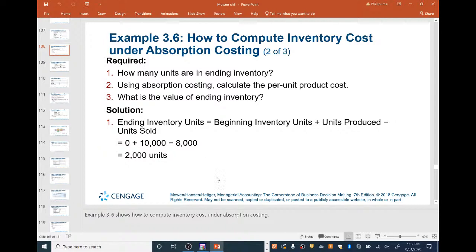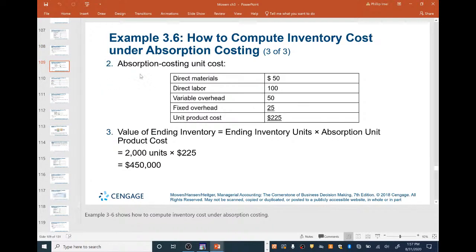Number two, using absorption costing, calculate the per unit product cost. What is included in the per unit cost under absorption costing? It's the direct materials, direct labor, variable overhead, and fixed overhead, which yield the unit production cost.